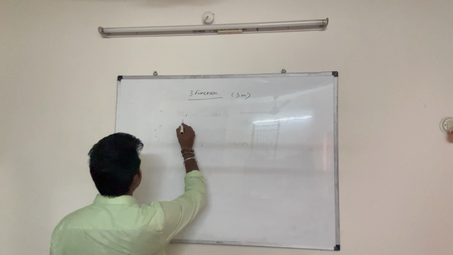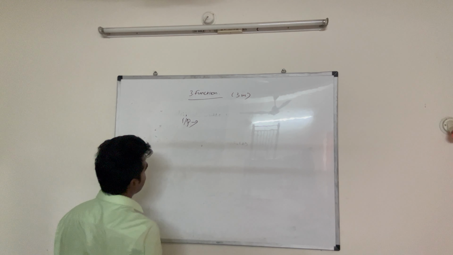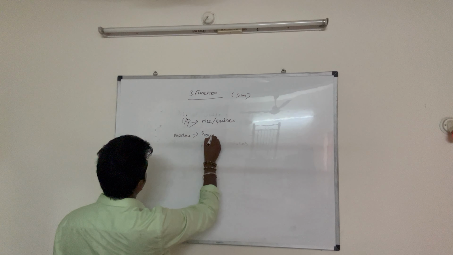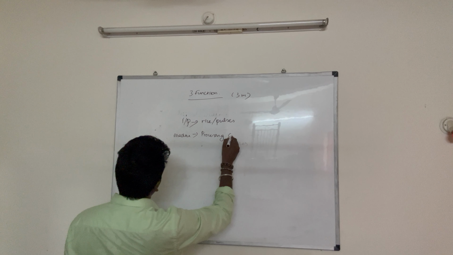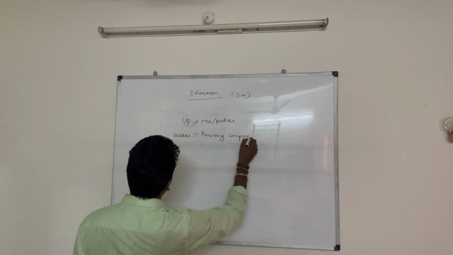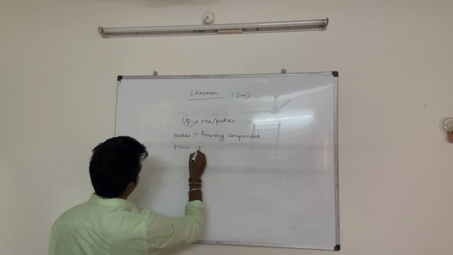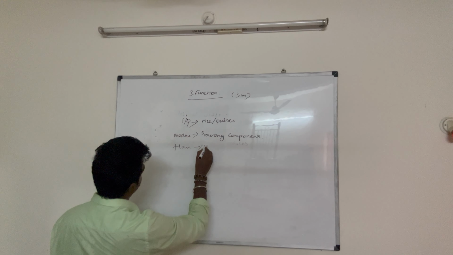Here the input is rice or pulses. The machine is the processing component. And the flour is called the output. So the grinder is called a function.